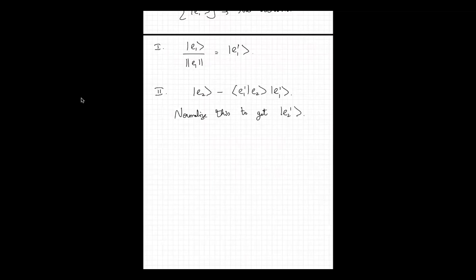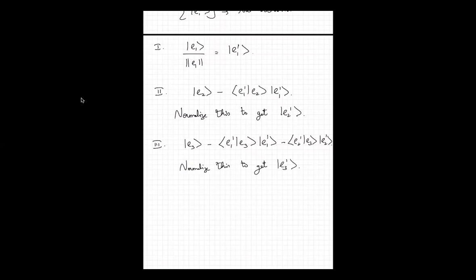Okay. Then the third step would be to take the third vector and subtract off all components of the third vector along the first vector and the second vector. And then normalize this to get E3 prime. And then keep going.